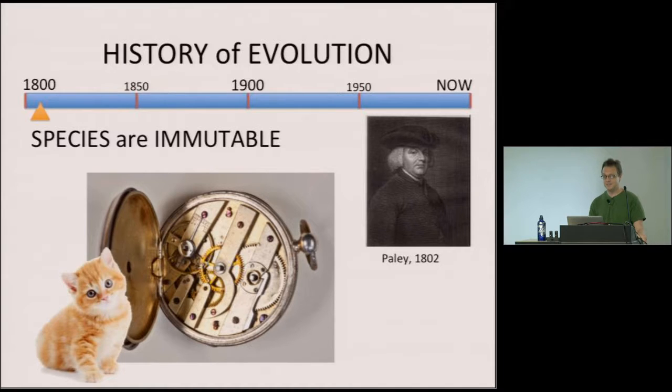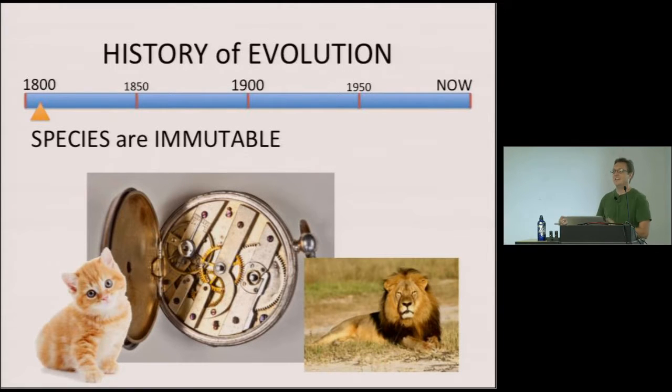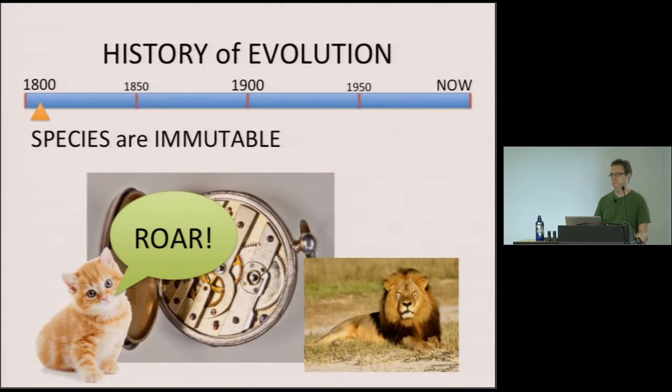Because I can make a similar argument from analogy. Because yeah, okay, cats are kind of like watches, but they're really like lions too, right? I mean, if you think, is this cat more similar to the watch or more similar to the lion, I'd say it's much more similar to the lion. So this cat is more likely to have properties of the lion than of the watch. So therefore, cats roar, because lions roar.